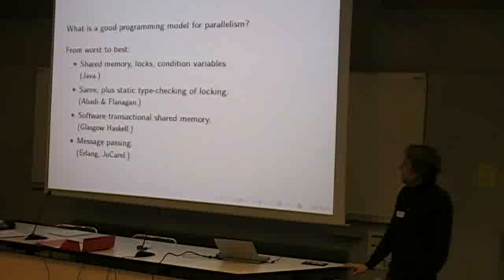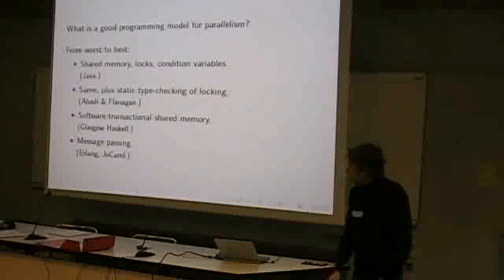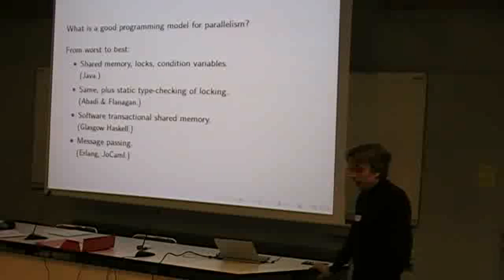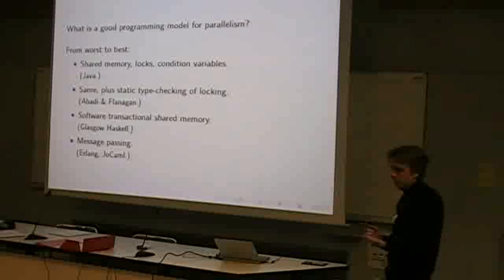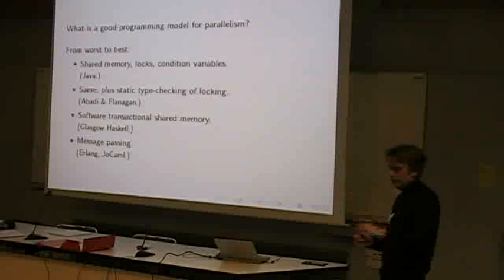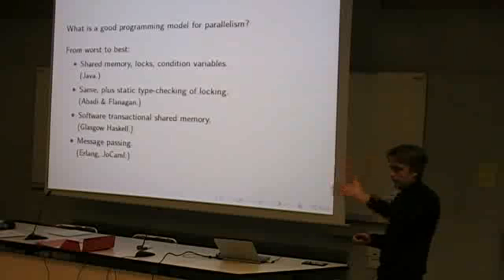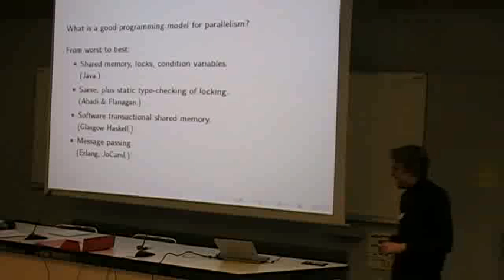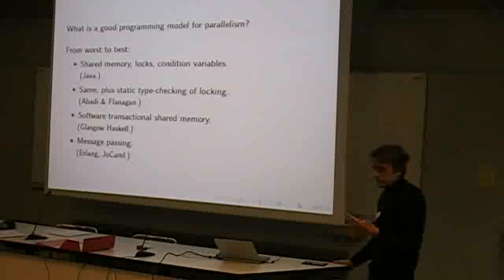So that makes things a little safer, but that's still a bad programming model at all. Better is software transactional memory, as in Glasgow Haskell today. Basically, it's kind of a database model where you have transactions in which you can assign several pieces of mutable state, and the transaction behaves atomically. So everything happens as if no other thread was running during your transaction.